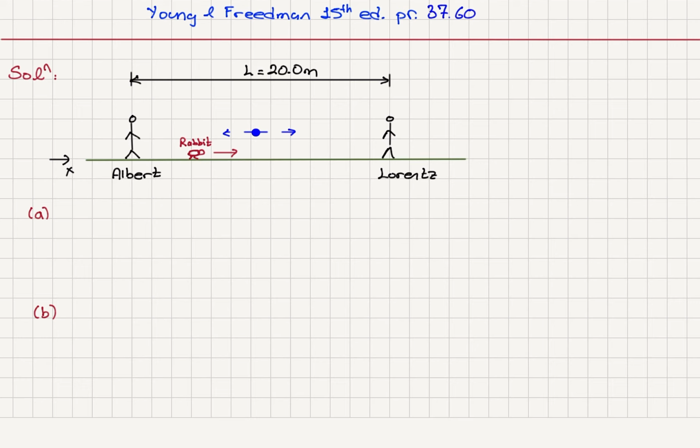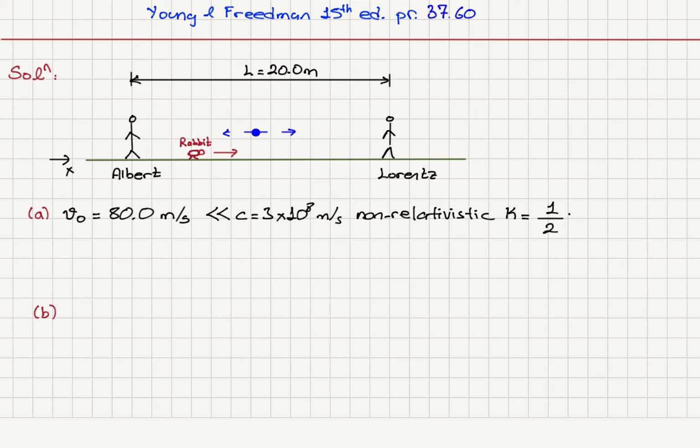Now, this speed, V0, which is 80 meters per second, is obviously much less than the speed of light, which is 3 times 10 to 8 meters per second. Therefore, we can say that this is non-relativistic. If it is non-relativistic, the kinetic energy is given by 1 over 2 mass of the ball, its speed squared.